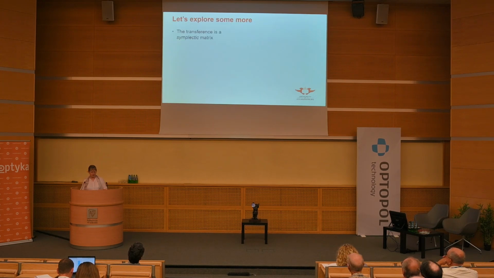And then we said, all right, let's have a look a little bit more. We know the transference is a symplectic matrix, which for a 2x2 matrix really just means that it has unit determinant.